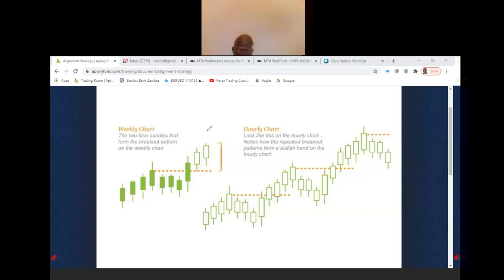An upward trend, yes, an uptrend. It's bullish. That's weekly.